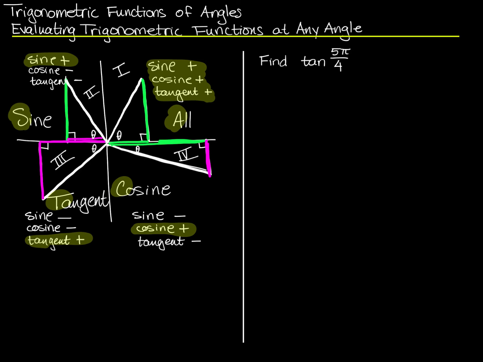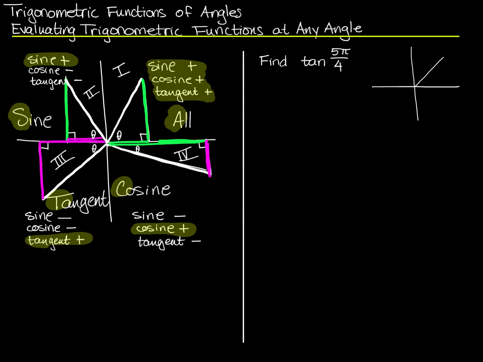Remember, there are two parts to this. One is figuring out where that angle is and what the sign is going to be for tangent, and the other is getting the right numerical value. So let's start with figuring out where the angle is. I explained the way I think of these. If I have pi over 4 in the first quadrant as being 45 degrees, that's just something you'll get used to over time.